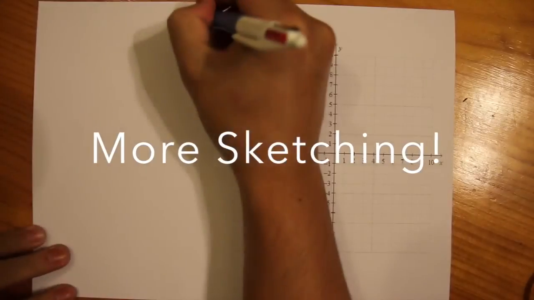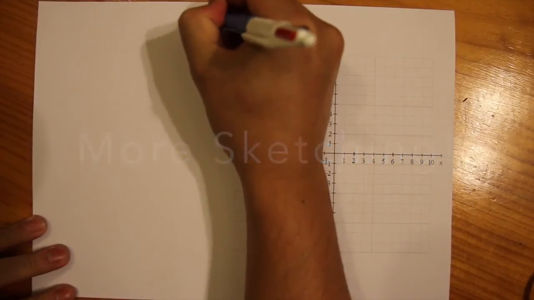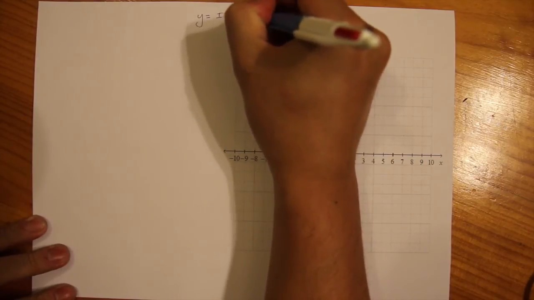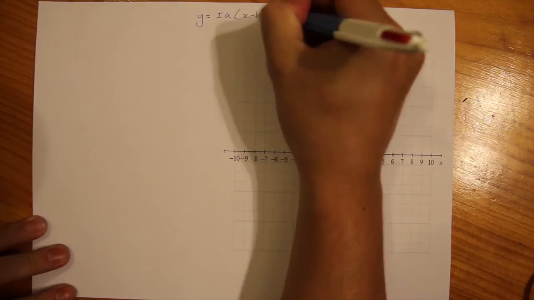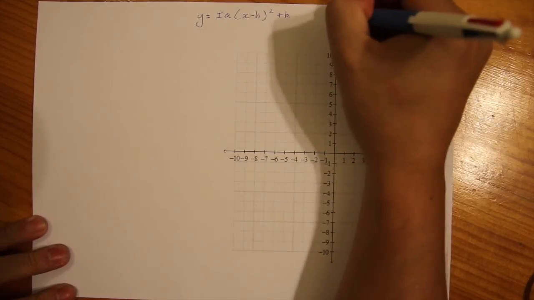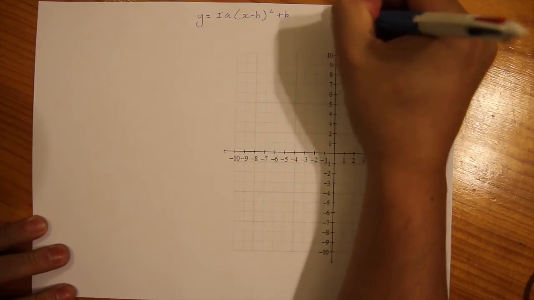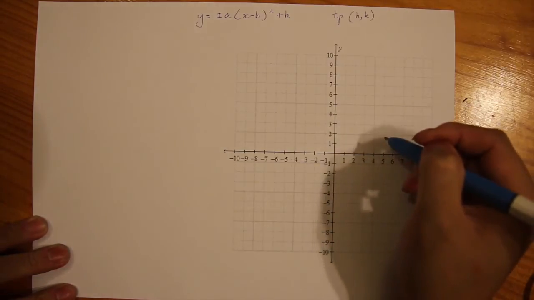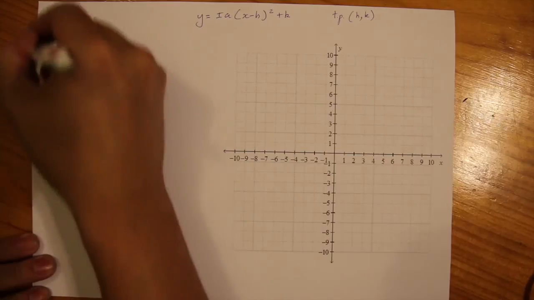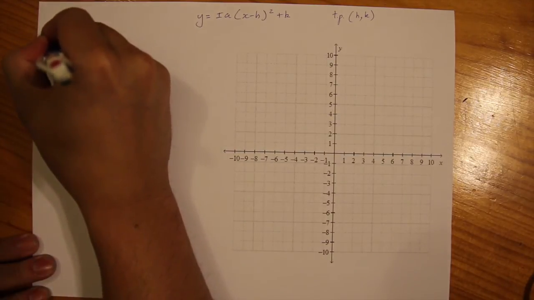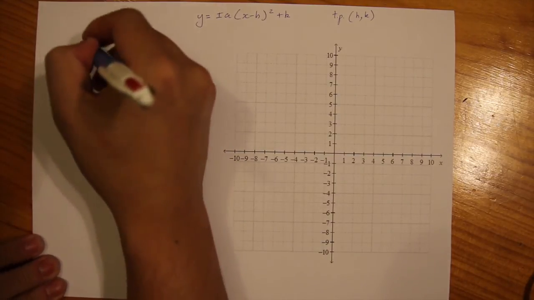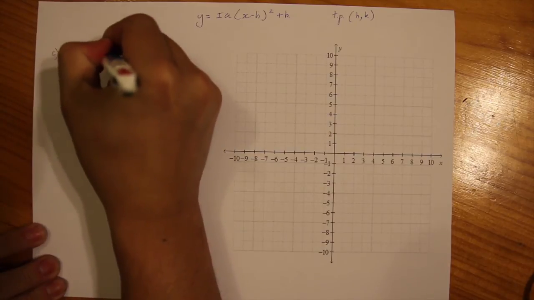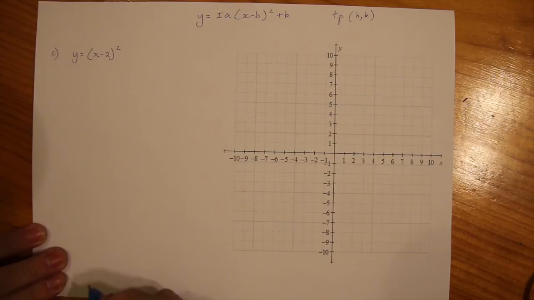Alright, let's do another one. So rewriting it here, plus or minus a, x minus h squared plus k. We know that the turning point is at the coordinates of h and k. Let's have a look at this example. What shall we have? y equals x minus 2 squared.